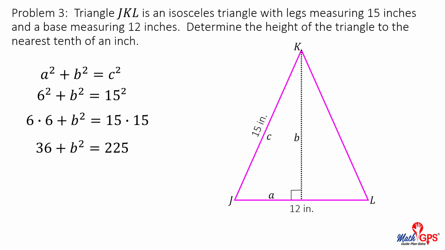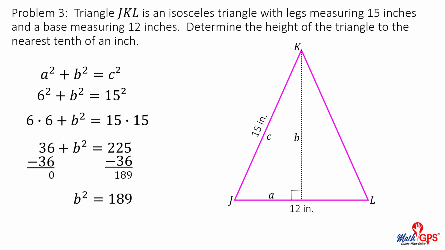To isolate the b variable, subtract 36 from each side of the equation. 36 minus 36 equals 0. 225 minus 36 equals 189. b squared is equal to 189. Now we determine the square root of each side.